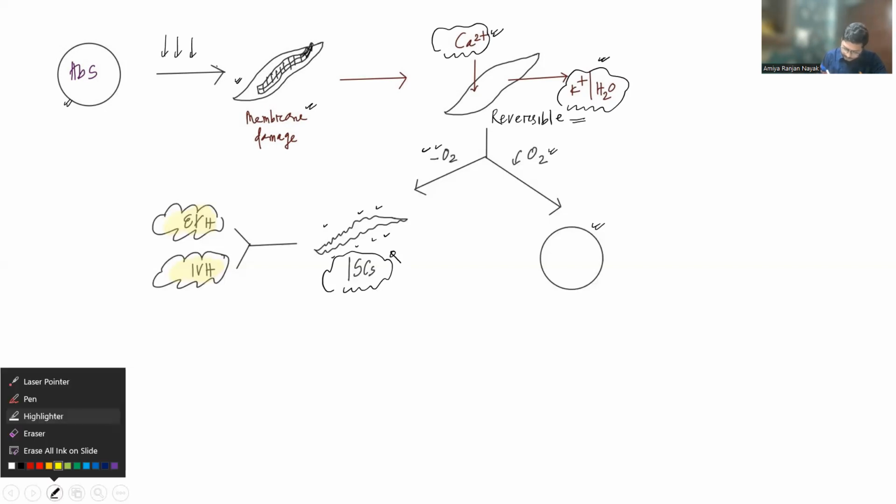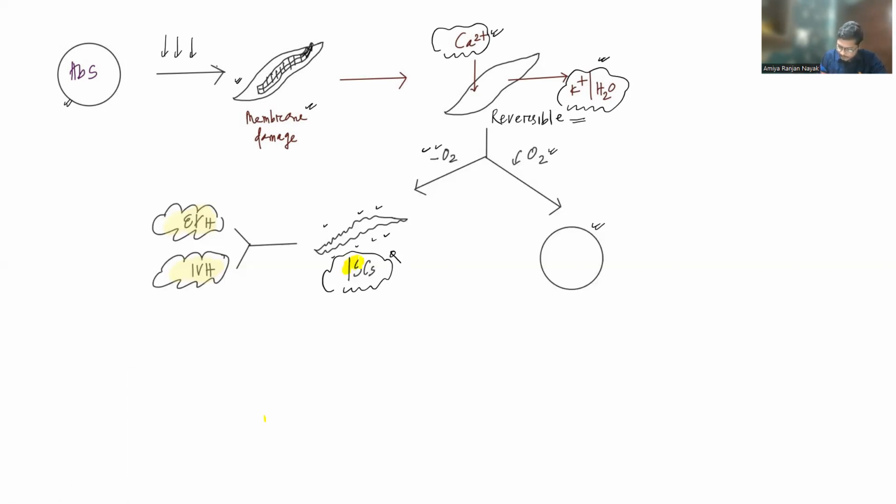Now what will happen if there is irreversible membrane damage? If the membrane damage is very severe, they can undergo intravascular hemolysis. If they have less severe membrane damage, they will have extravascular hemolysis.